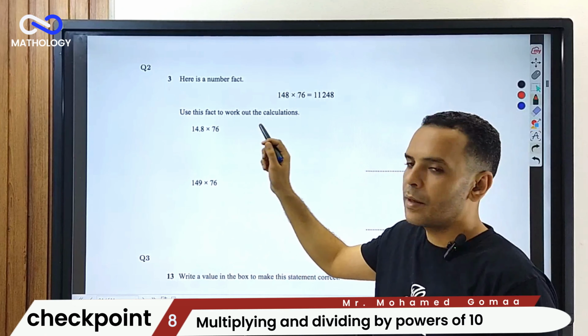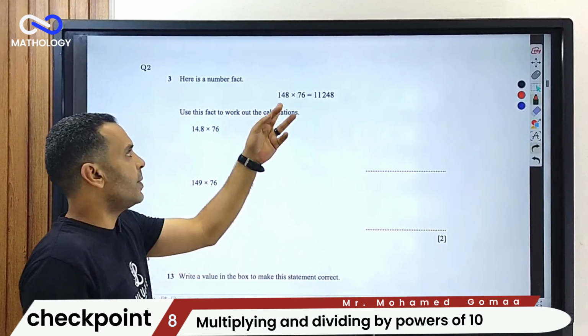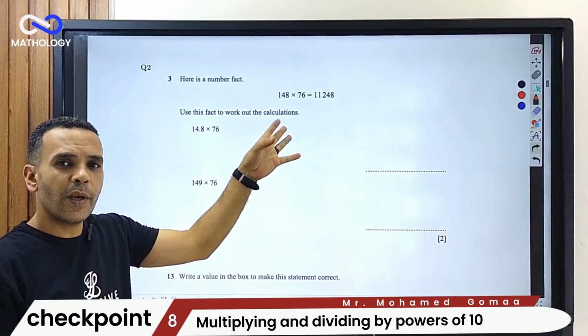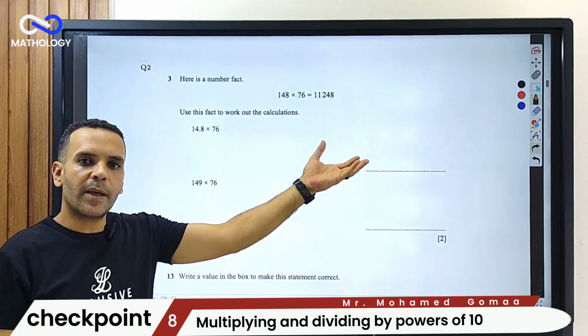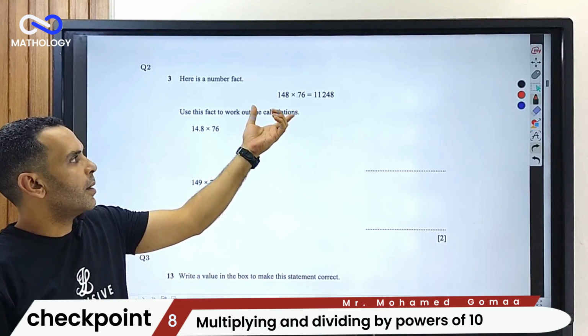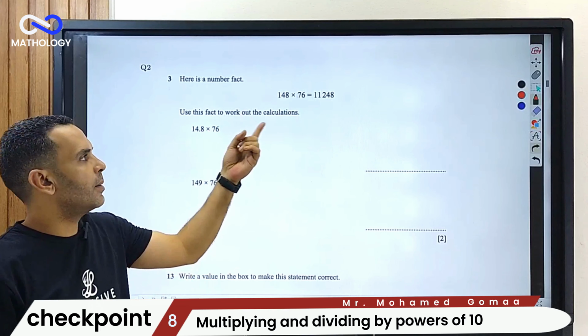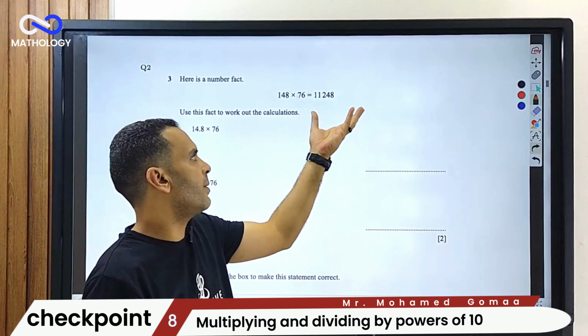If you put the decimal point here, that means you divide the left side by 10. So in this equation, if you divide the left side by 10, you have to divide the right side by 10.